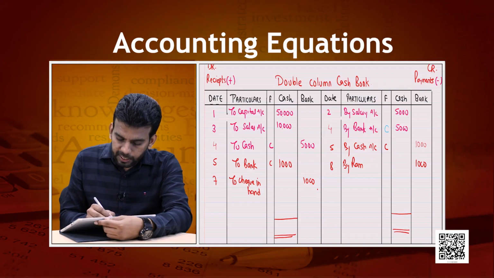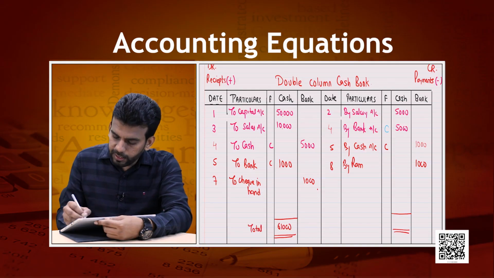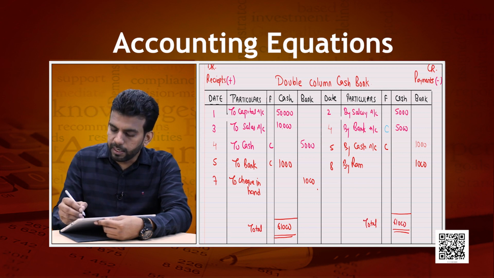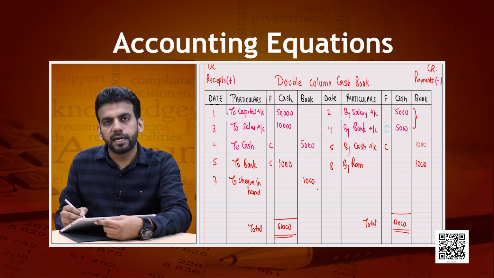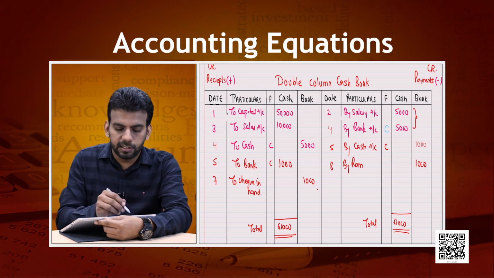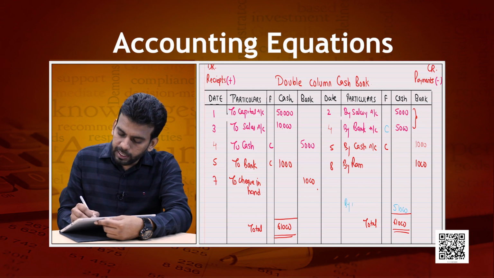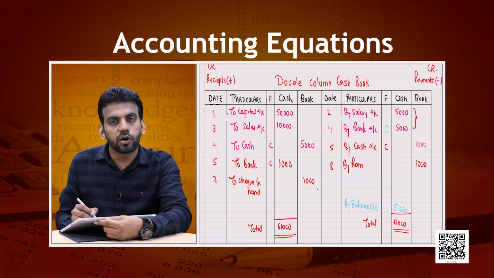So here I can see the total of cash column is 61,000. So the dominating total would be recorded on both the sides. But the total of payment side is just 10,000. It has a deficiency of 51,000 and it is my balance carried down for cash book, for cash column.